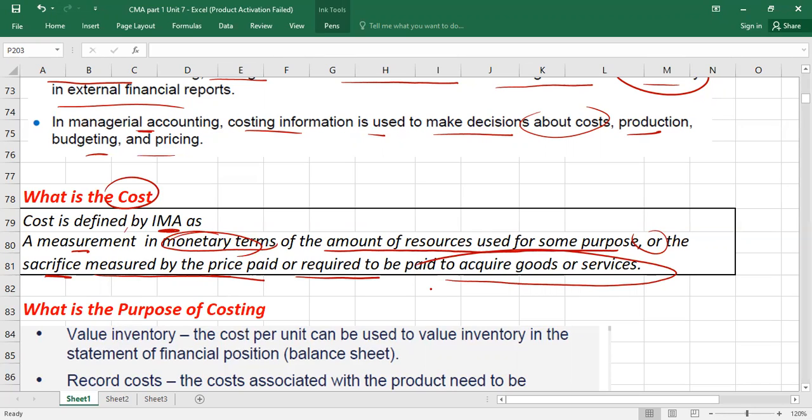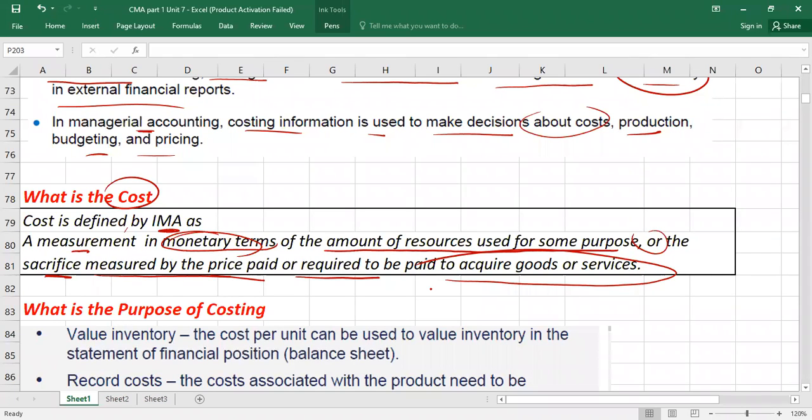Maybe you will buy an LCD, maybe you will buy soap from the market. You are paying some money, right? Maybe you have already paid, or maybe you will pay in the future. So this is the cost of the product which you have acquired. For example, I bought a chair from you for $100. For me, the price paid is the cost. Right or wrong? So you can define cost this way also.